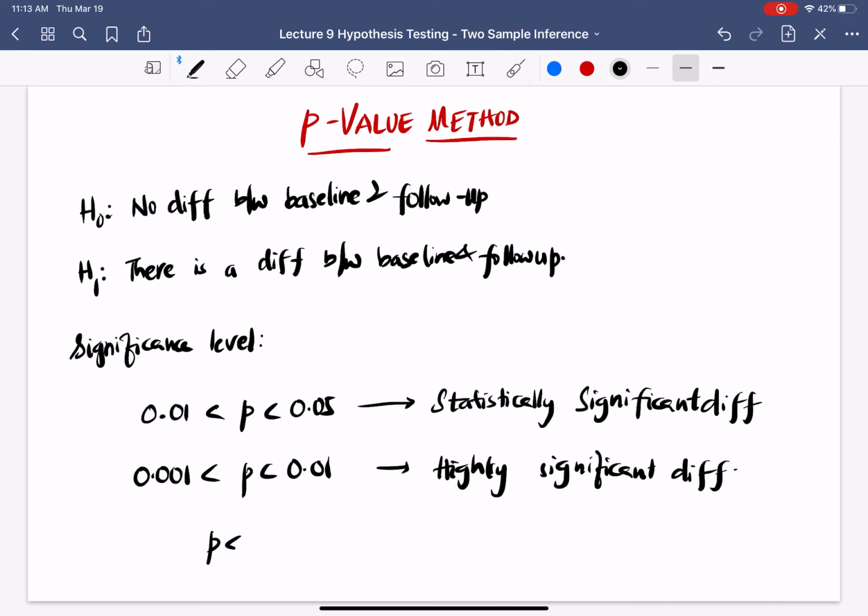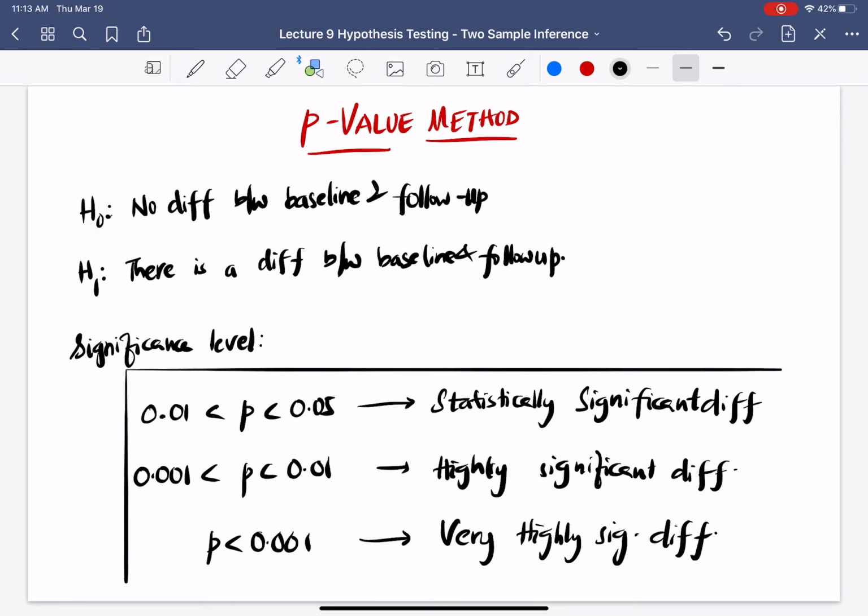And if the p-value is less than 0.001, we say that this is a very highly significant difference. So this is the scale that we're going to use to determine whether that data has a significant difference or not.